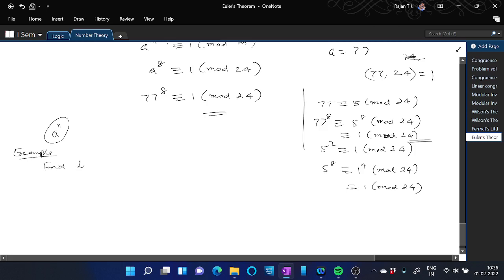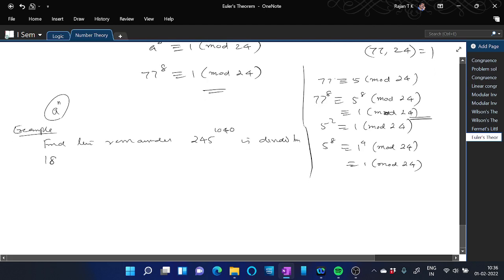Find the remainder when 245 raised to 1040 is divided by 18. Here 245 is clearly congruent to 11 mod 18, and therefore 245 raised to 1040 is congruent to 11 raised to 1040 mod 18.